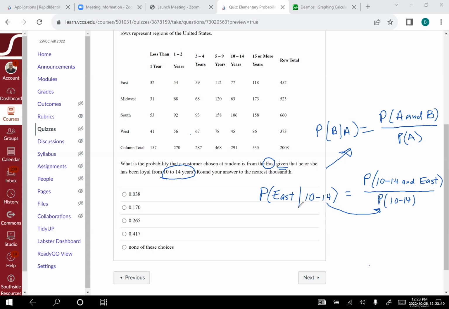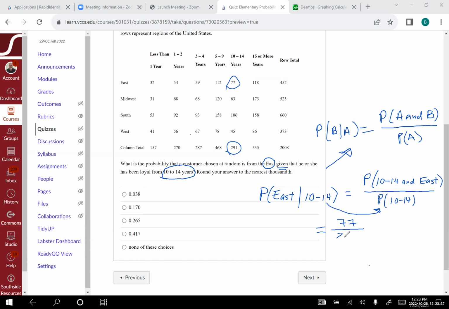Well, how many people, loyal people, are there 10 to 14 years and from the east? 77. Yeah, 77. Very good. And then how many total people from 10 to 14 years? 291. So now it would be the third answer, dropping those 2008s.